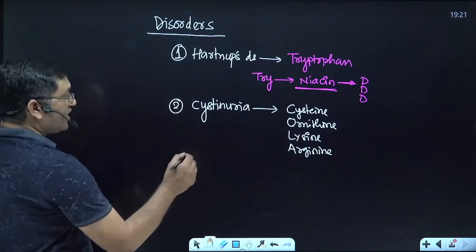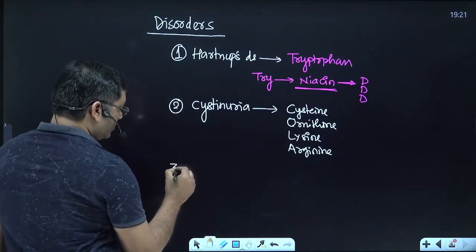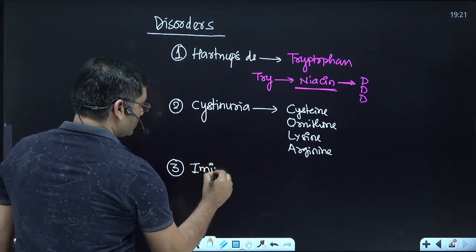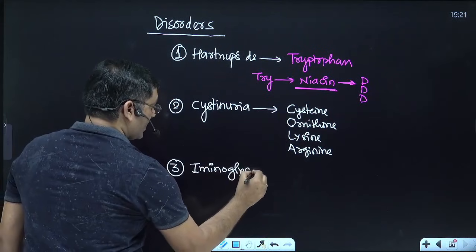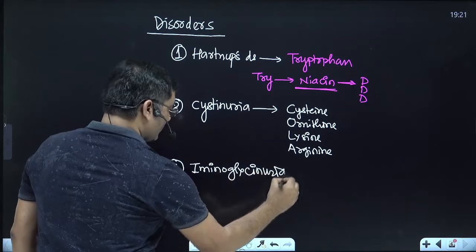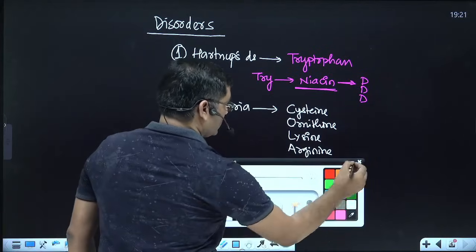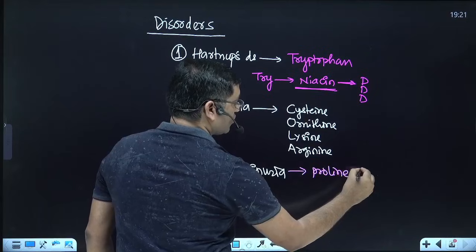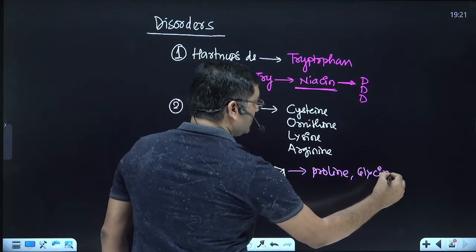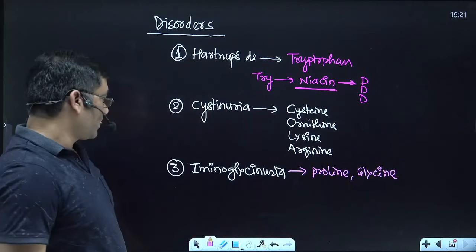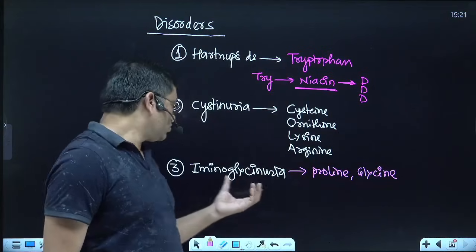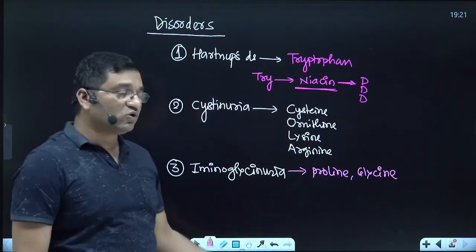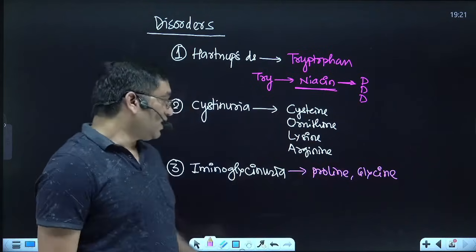The third one is iminoglycinuria. In this defect there is excretion of the amino acid proline and glycine because of a defective transporter. So iminoglycinuria means proline and glycine excretion because of defective absorption.